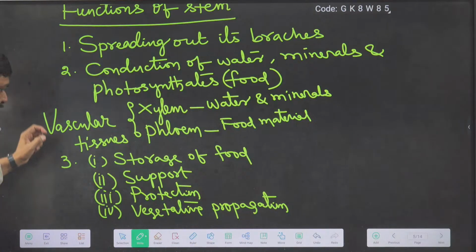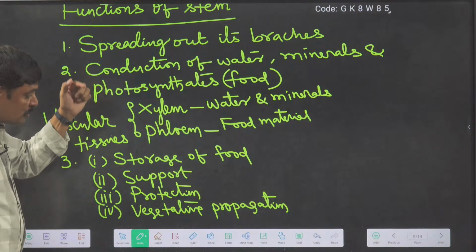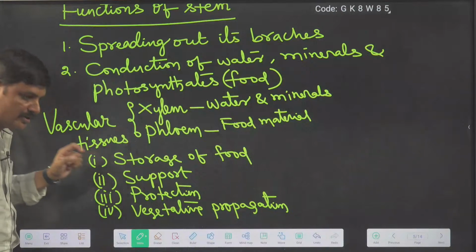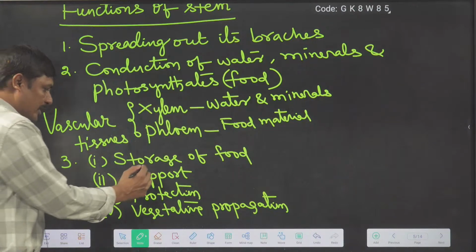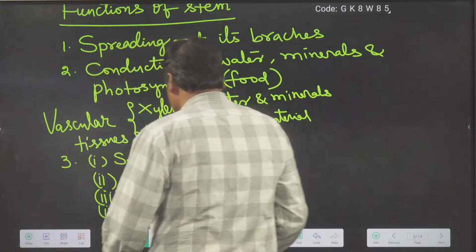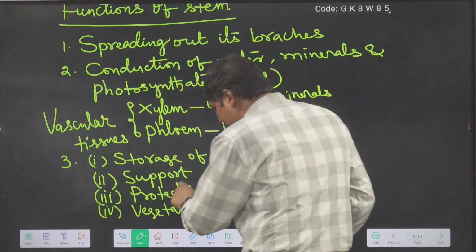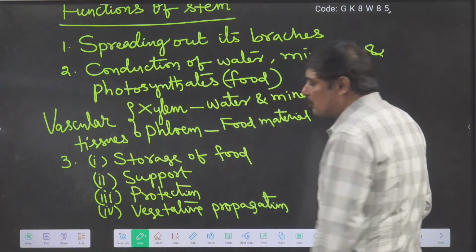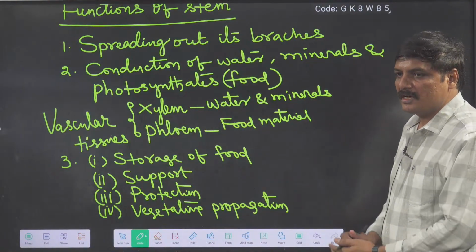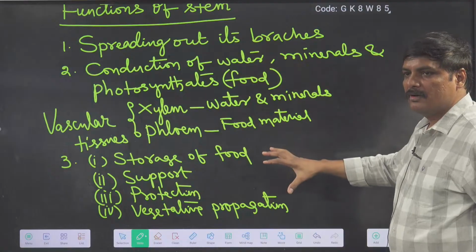The stems of some plants also perform these functions. They are storage of food material, support, protection, and vegetative propagation. These are the overall functions of stem.